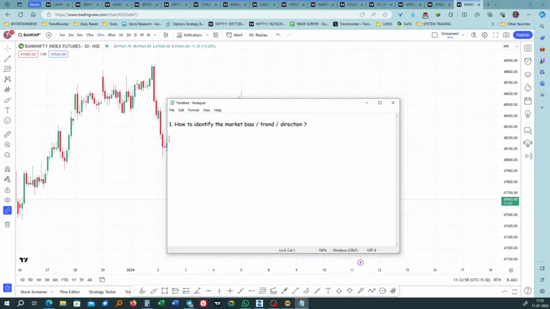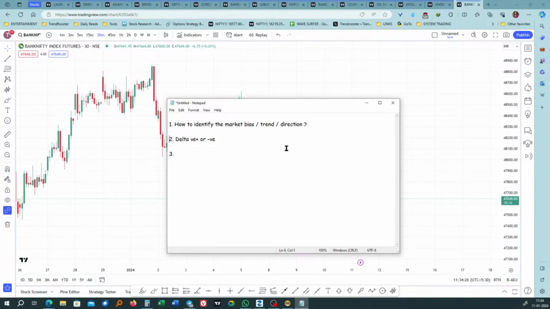Market delta, right? Delta positive, negative, right? I'll talk about this later actually. This is a long topic, and I'll have to explain a few indicators to explain the net delta.